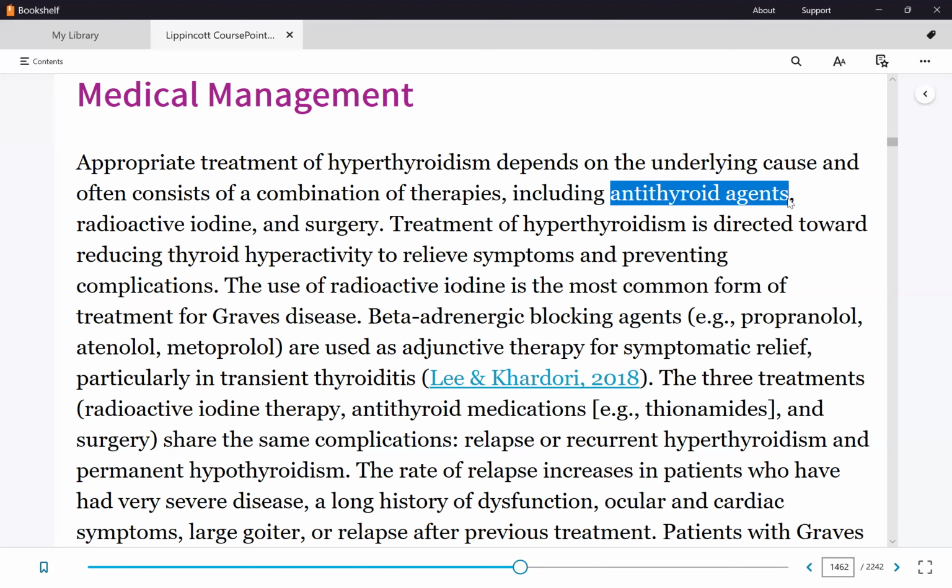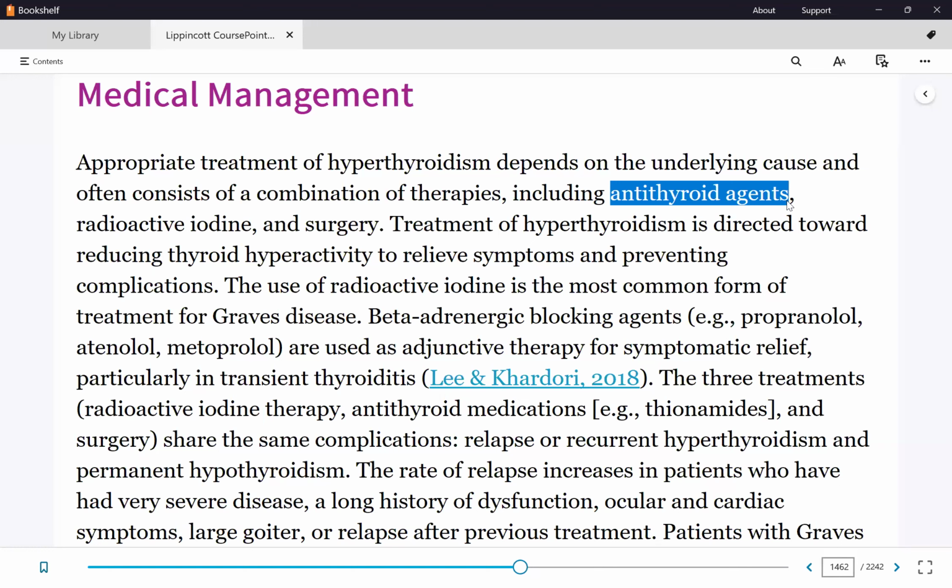So either give them antithyroid meds, which are teratogenic. What does teratogenic mean? They can cross the placenta. So therefore, what's a contraindication for these drugs? Pregnancy. And since these are, again, childbearing women, childbearing age 20 to 40, what should be taken while they're taking these drugs?